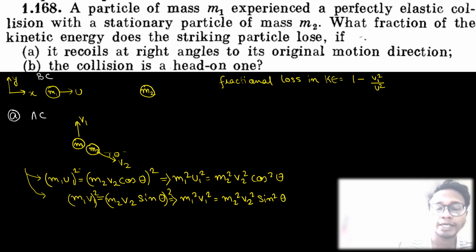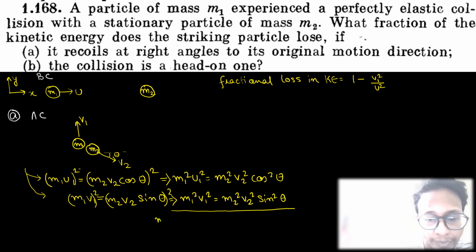Why did I square the left hand side and right hand side? If I add the x component equation and the y component equation, what do I get? m1 square u1 square, not u1 square, u square. This should be u, because the x component of velocity is u.